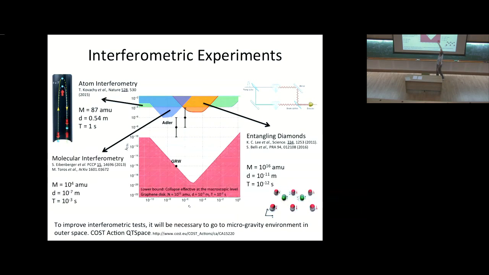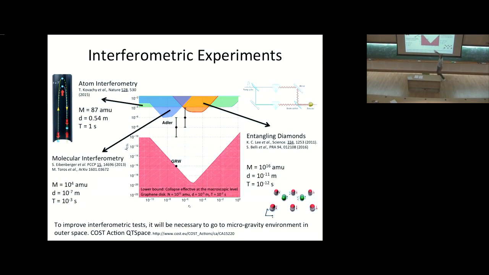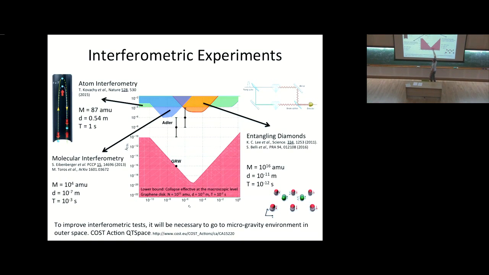So there is this kind of pinkish, red, whatever it is, zone. This exclusion zone comes from the lower bound. If you take RC too large, or lambda too small, the collapse becomes ineffective. It's a weak collapse, to the point that not even the cat is localized.